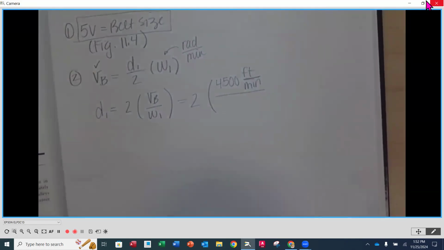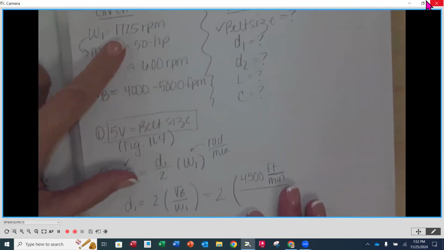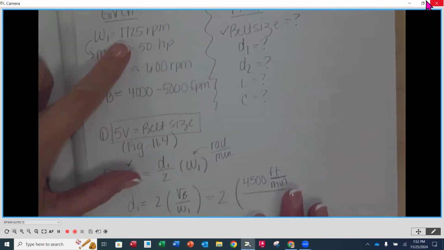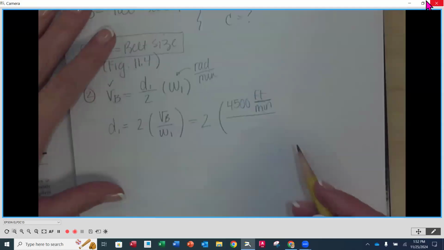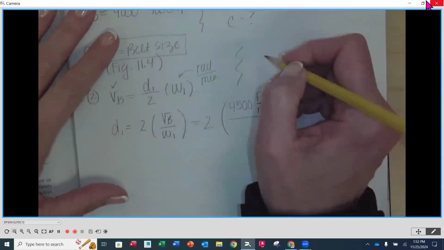So what do we need to do? Can we go ahead and put in 1725? No, that's revolutions per minute. So we need to get this into radians per minute. Go ahead and convert W1 into radians per minute.